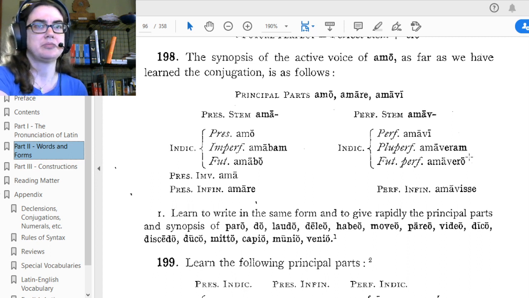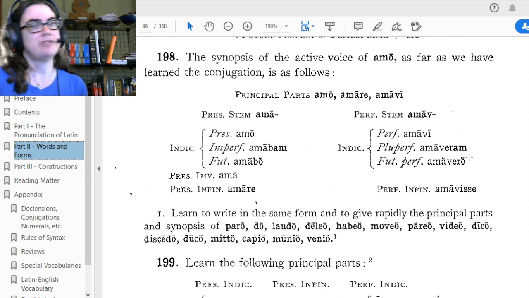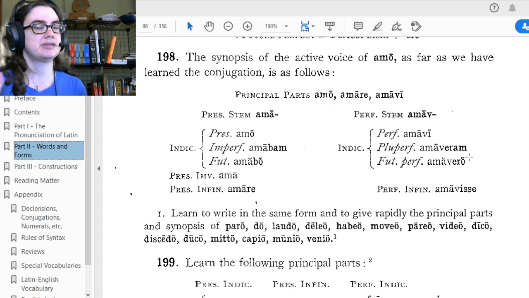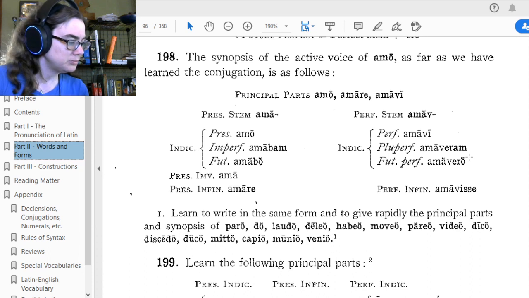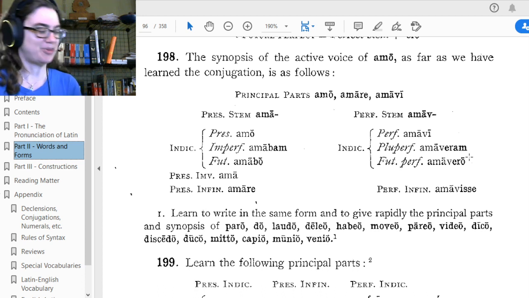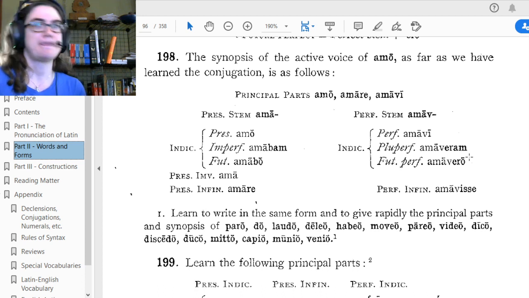There we go. And all you need to do to change it to a different person or number is just change that last letter. In the active, we don't have helping verbs. We don't have to use personal pronouns for the subject. Everything is contained in this verb. We will have learned all the voices. Exactly. That's a future perfect. I like it. It's good to train your brain.